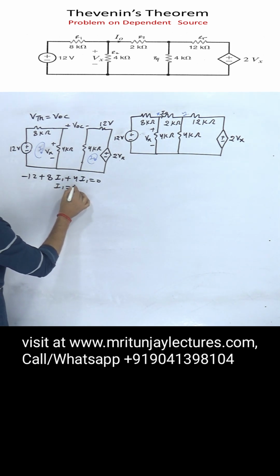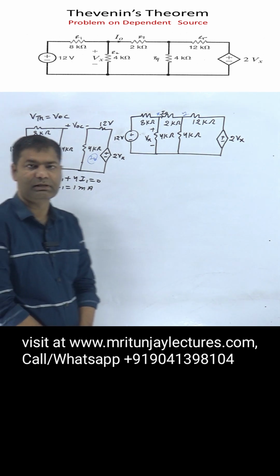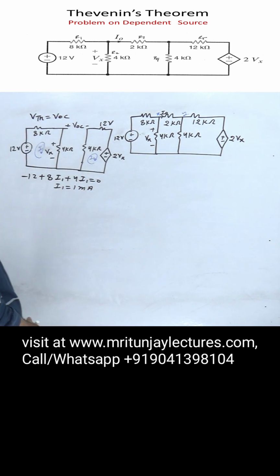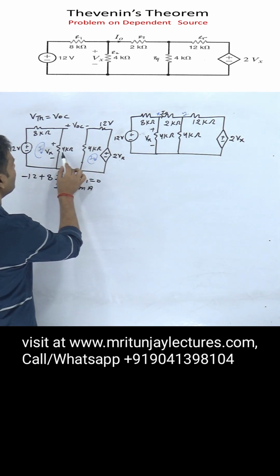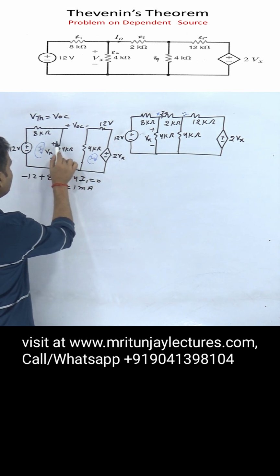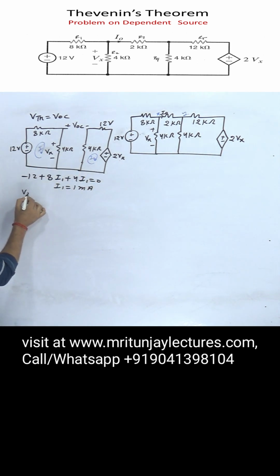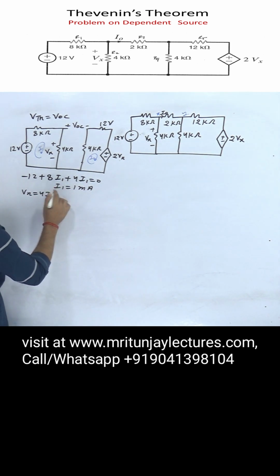I1 is equal to 1 milliampere. Clear? Now after that, what about Vx? Vx is 4 into I1. So 4 into I1, if we put this value, then we get 4 volt.